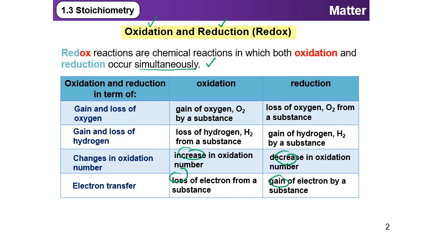For this one, normally we can use OIL RIG to remember. O stands for oxidation, while L stands for loss. R, I think you have an idea, refers to reduction, while G refers to gain.